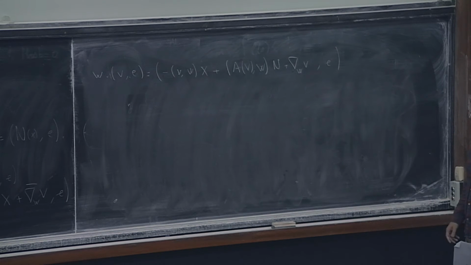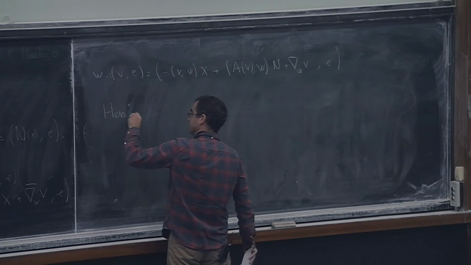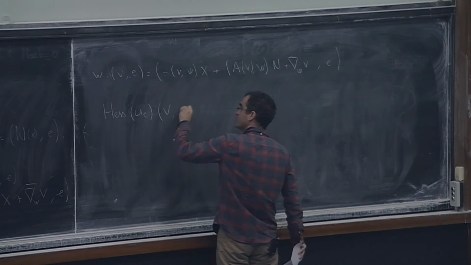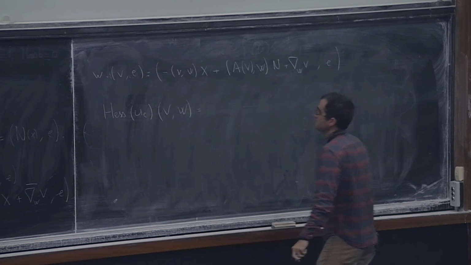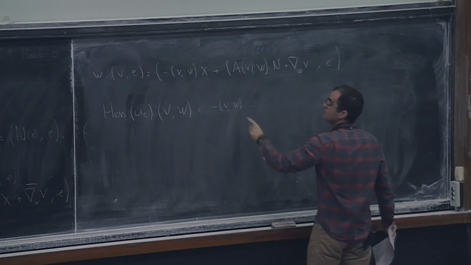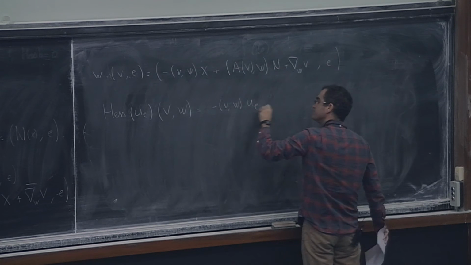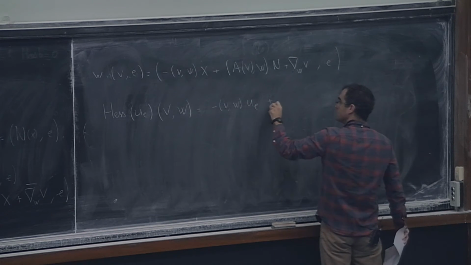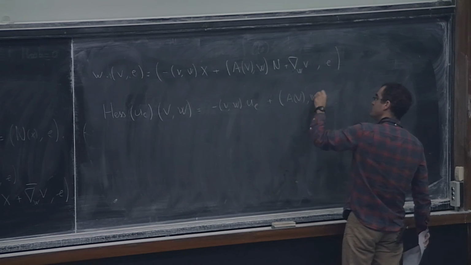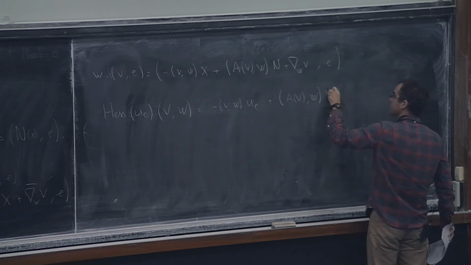Okay, so from this what I get is the following thing: the Hessian of u_e applied to v and w is just this quantity minus (v, w) multiplied by the scalar product of x with e, so it's u_e, plus another term, which is A of (v, w) times the scalar product of n with e, so it's nu_e.